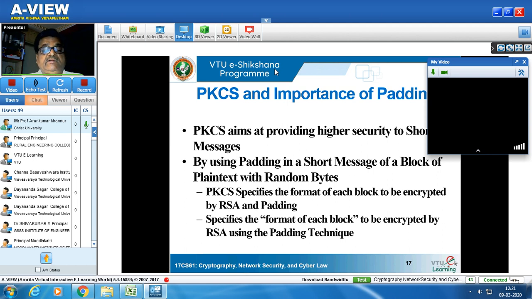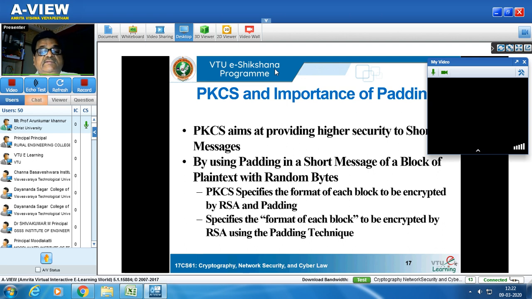So a block means, when we have a plain text, it is split up into many equally sized blocks, and each block earlier used to be smaller, so that the encryption and decryption were becoming easy and the security of the entire message was under threat.